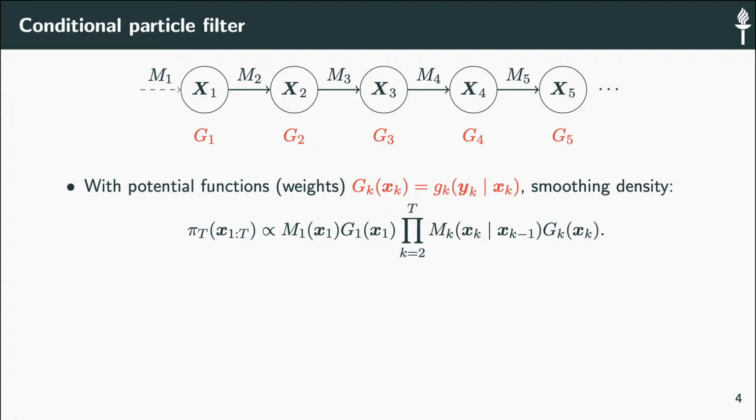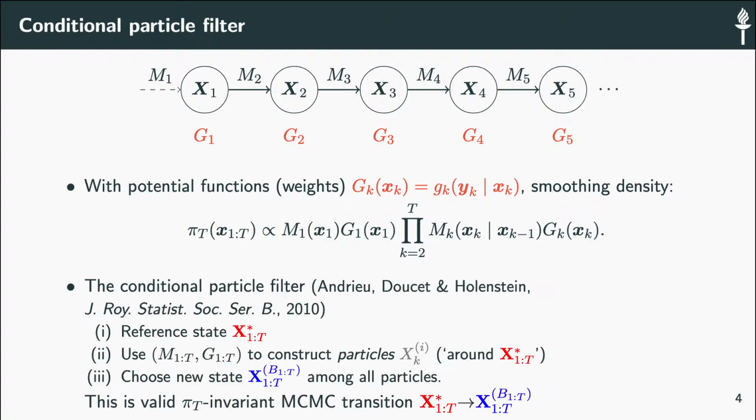But simple importance sampling doesn't work quite well here because of the typical high dimensionality, which I will come back to later. But instead, what you can do is something like importance sampling and construct Markov transitions that are rather efficient. And that's the conditional particle filter presented 10 years ago in that paper.